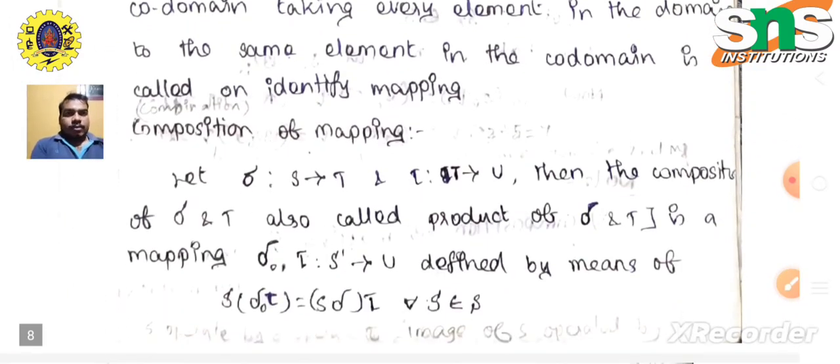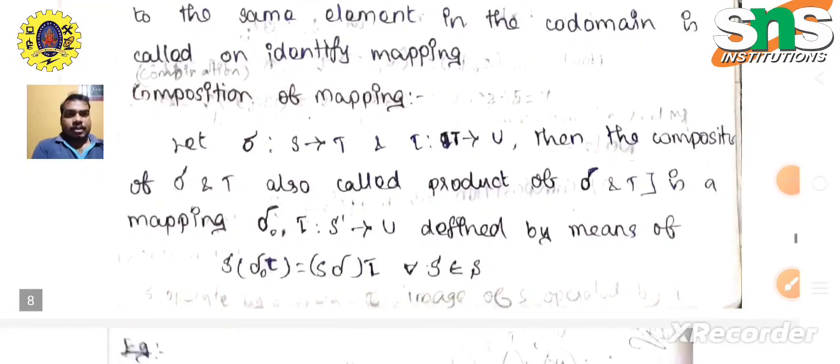Next definition is composition of mapping.